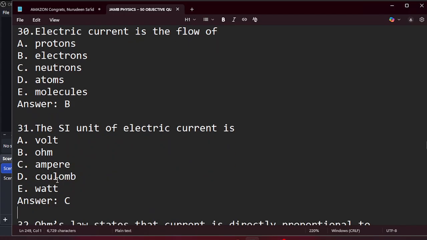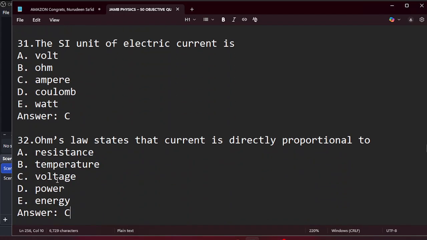Question number 31. The SI unit of electric current is A, volts, B, ohm, C, ampere, D, coulomb, E, watts. The answer is C, which is ampere. Question number 32. Ohm's law says that current is directly proportional to A, resistance, B, temperature, C, voltage, D, power, E, energy.